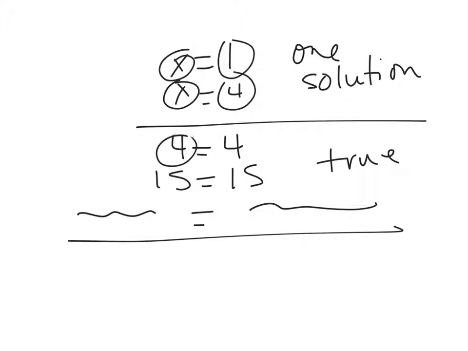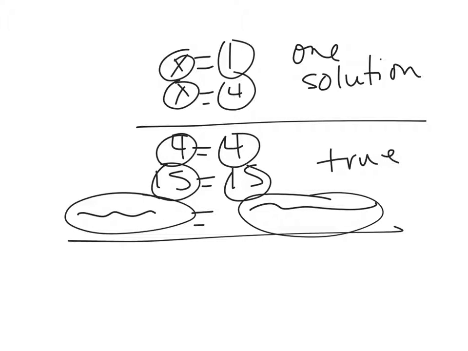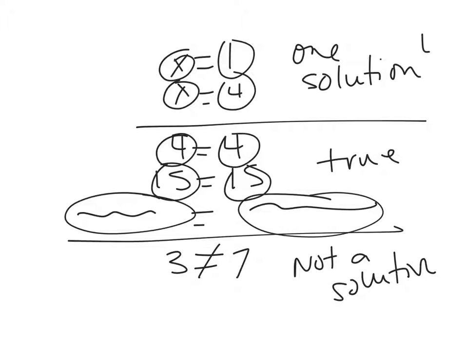It's true because this equals that, this equals that, this equals that. And we'll talk more about this later. And then if we had this one, well, 3 does not equal 7, so this is just not a solution. So those are your 3 choices so far.